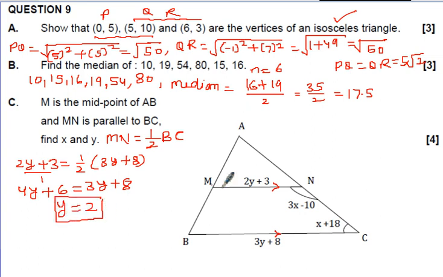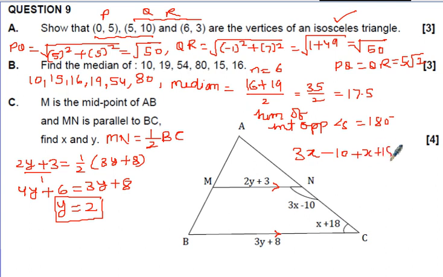Many got that. But for the x relation, they are interior opposite angles, and interior opposite angles are supplementary, or the sum is 180. So the sum of interior opposite angles is 180. So what you will write here? 3x minus 10 plus x plus 18 is 180. Many students make mistakes in this question.